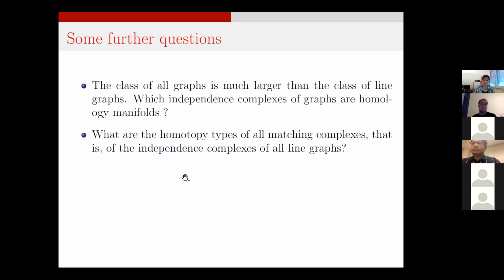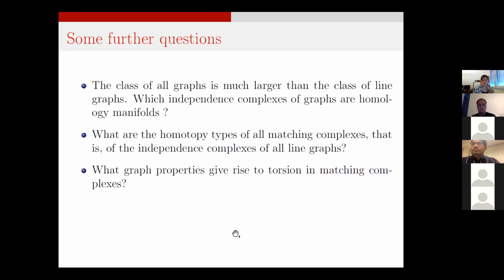But there are more general questions that I found summarized somewhere. It was stated that these can be tough, hard. For example, what are the homotopy types of all matching complexes? Can you get everything with a matching complex, or do independence complexes give more homotopy types? Well, that's a strong question.